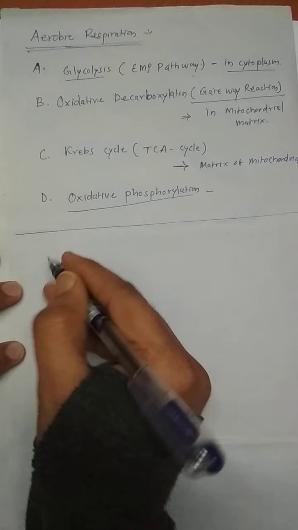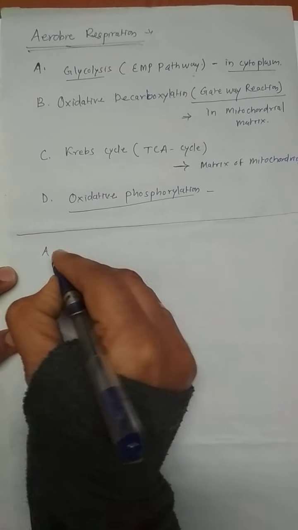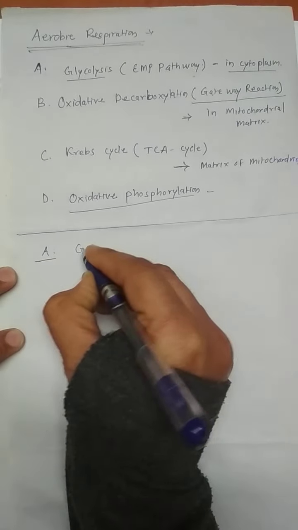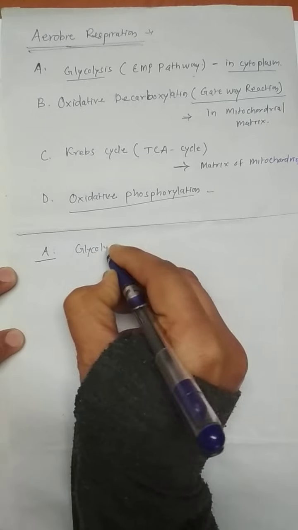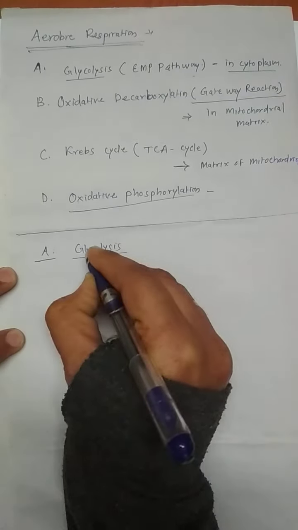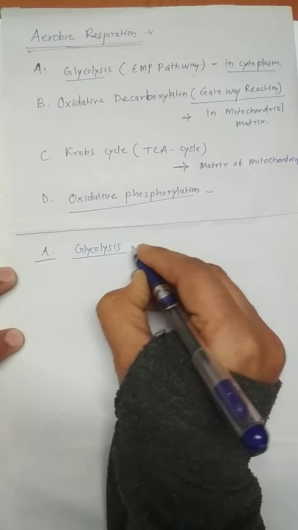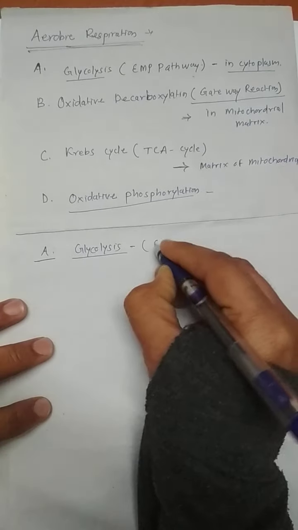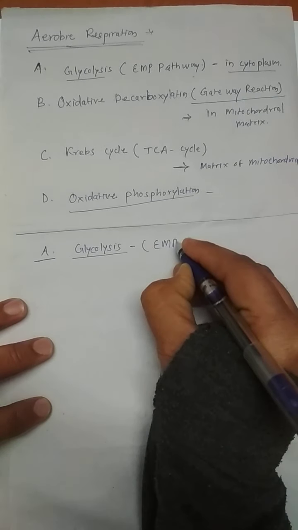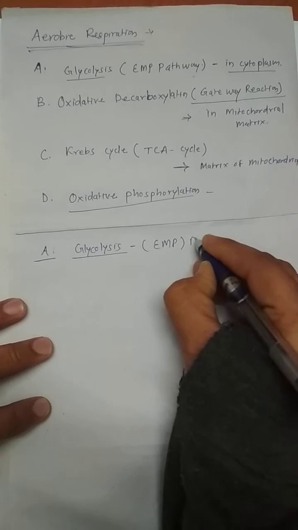So we start with the first step, A, glycolysis. What is glycolysis? Also called the EMP pathway.